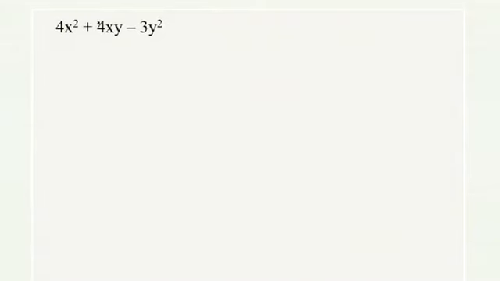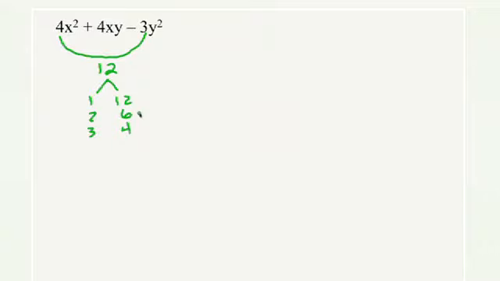In this problem, we have that situation where you have the y's and the x's, and just remember, we will deal with those at the very end. Right now, we're just going to worry about our numbers and trying to get that middle term of a positive 4. So, step 1 again, multiply the first and the last number, and that gives us 12. Now, writing out all the factors of 12: 1 and 12, 2 and 6, 3 and 4, and then we ask ourselves which set of factors subtract to give us 4.